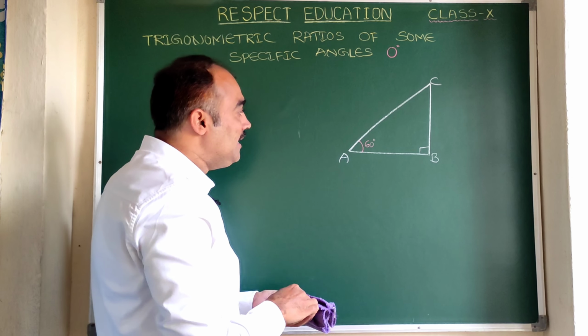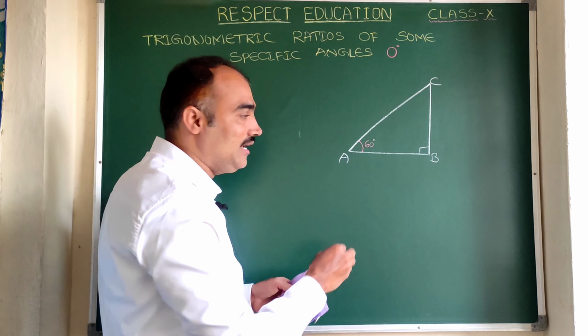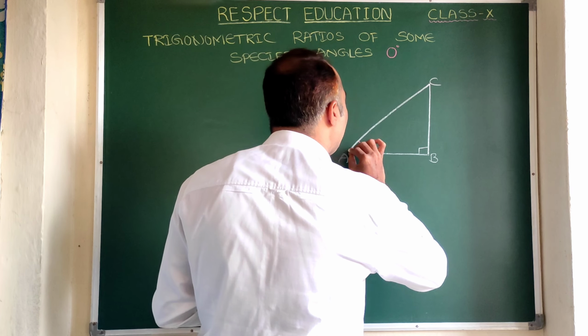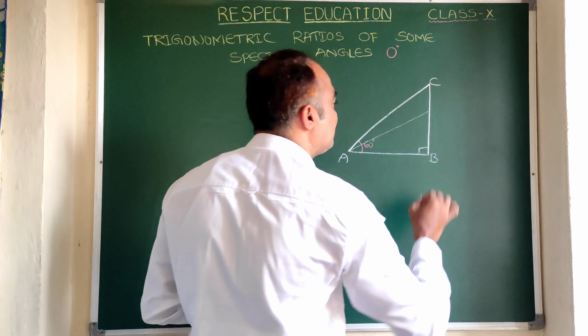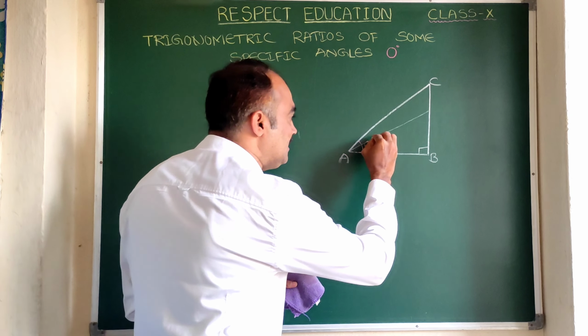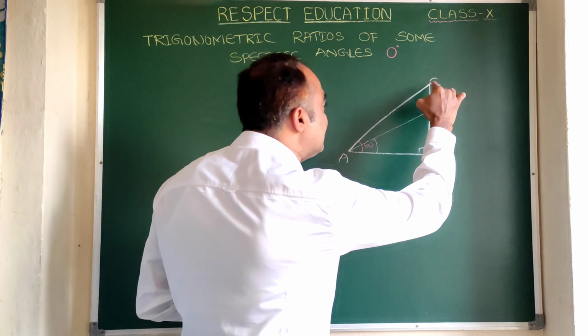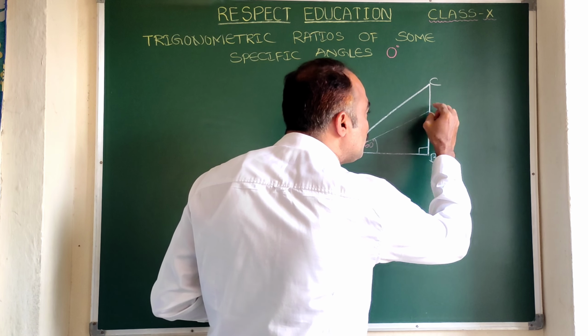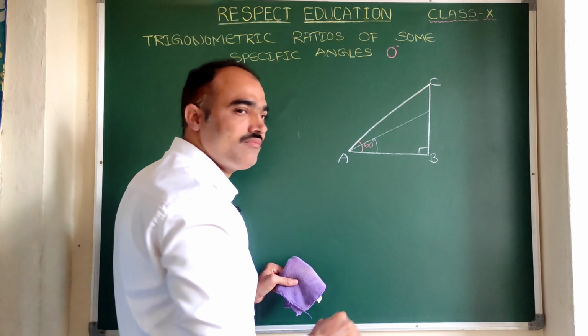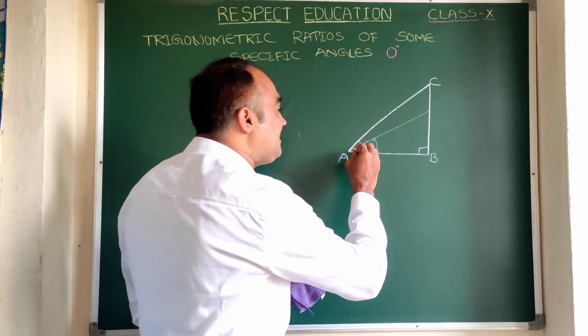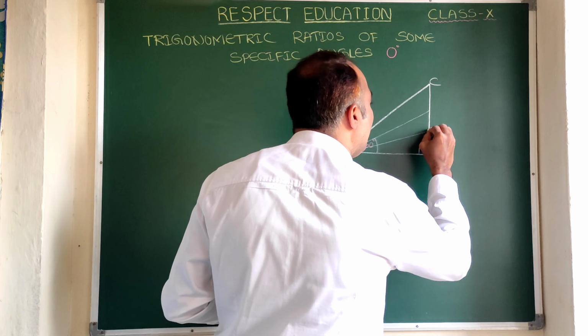For example, if it is 45 degrees, then it may come like this. This is of 45 degrees. Then the point C comes to this place. Is it clear? If it is 30 degrees, then it may be like this.